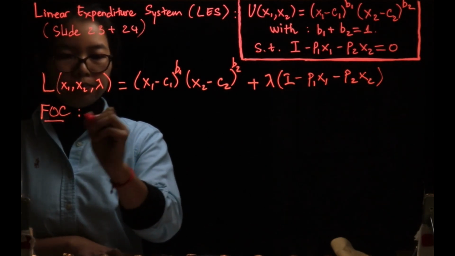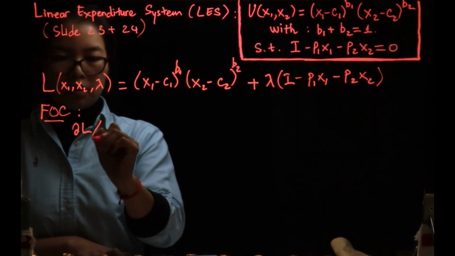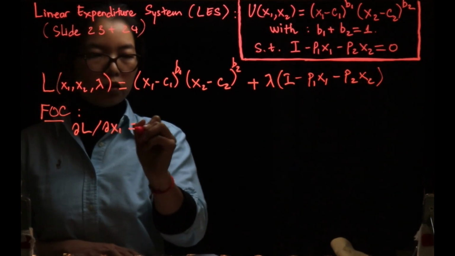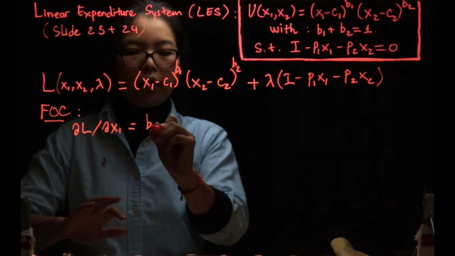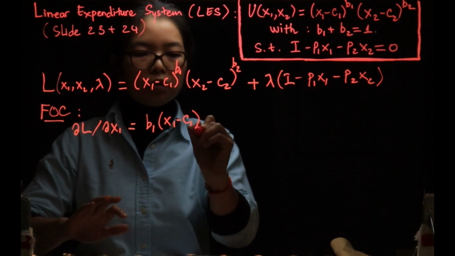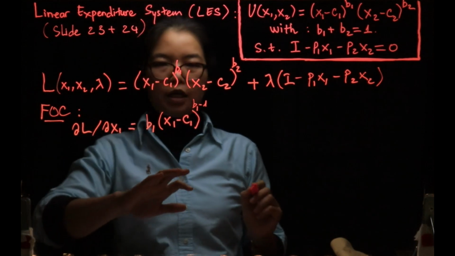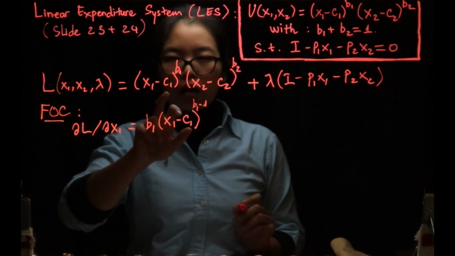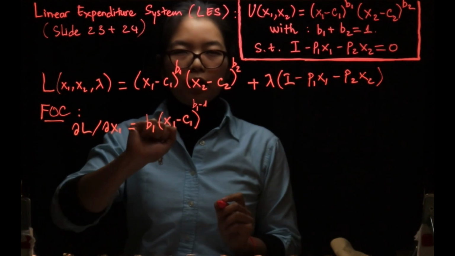Let's write it down here. The first thing is the partial derivative of L with respect to x1 equal to, now let's take the derivative, b1 times (x1 minus c1) to the power of b1 minus 1. The thing inside the bracket is actually a function, so we must have the chain rule.